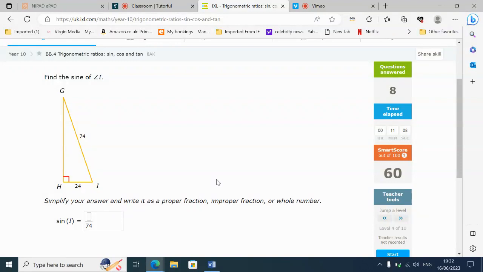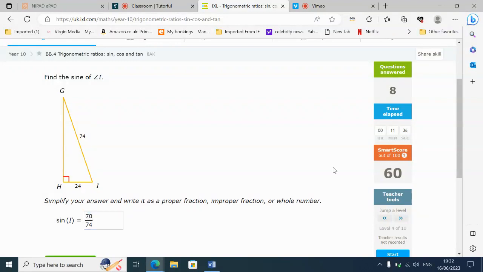Okay, so you take them away from each other. 5,476 take away 576 is 4,900. Now we need to find the square root of 4,900. The square root of 4,900 is 70. Okay, 70. I will type it in now.